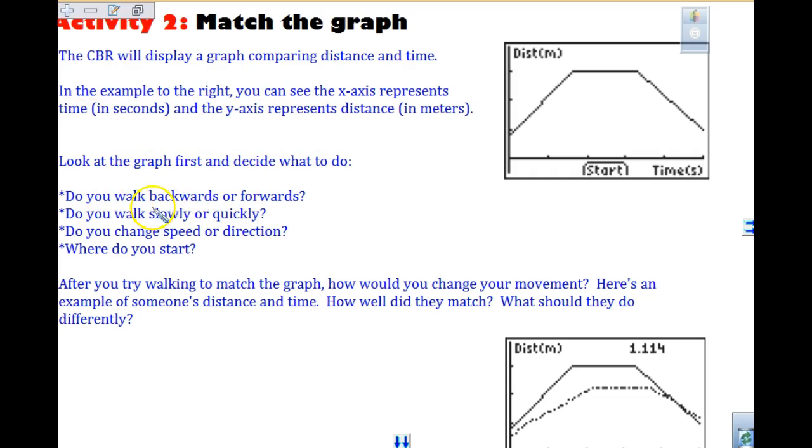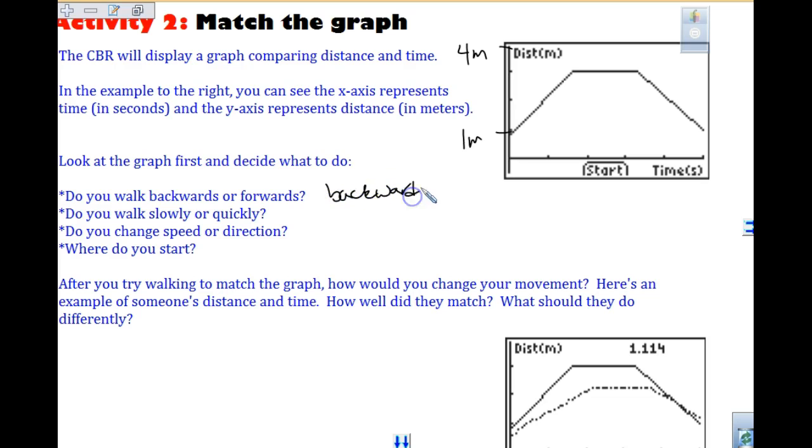If we look at this graph, this is our 1 meter, this is our 2, 3, 4 meters is here. Is the person walking forward or backward? Are they walking away from the motion detector, walking backwards, or walking towards it, forward? This one should be walking backwards first.